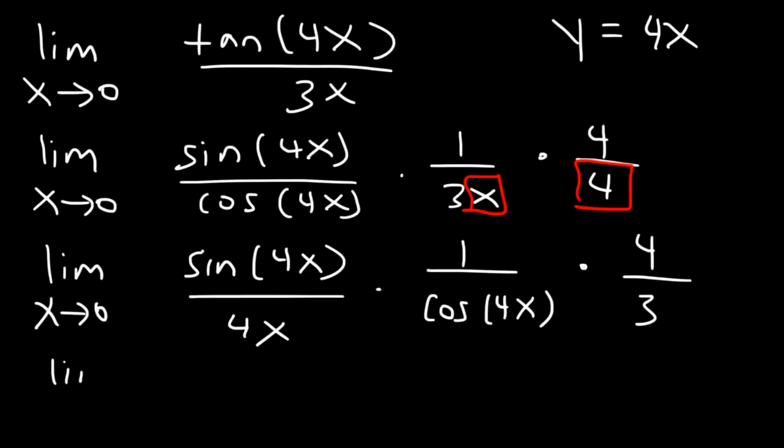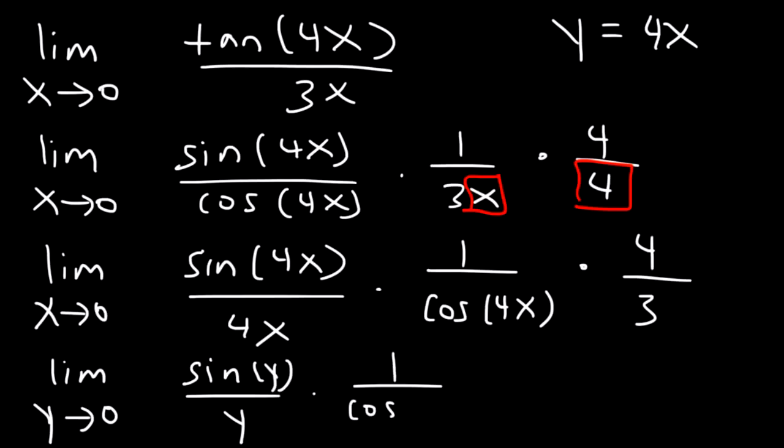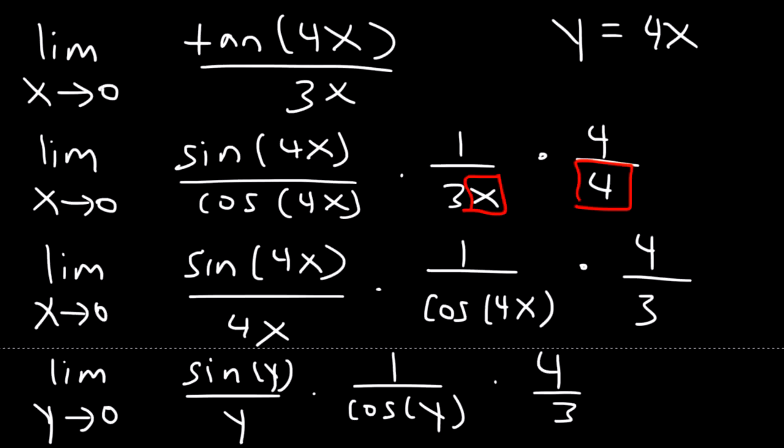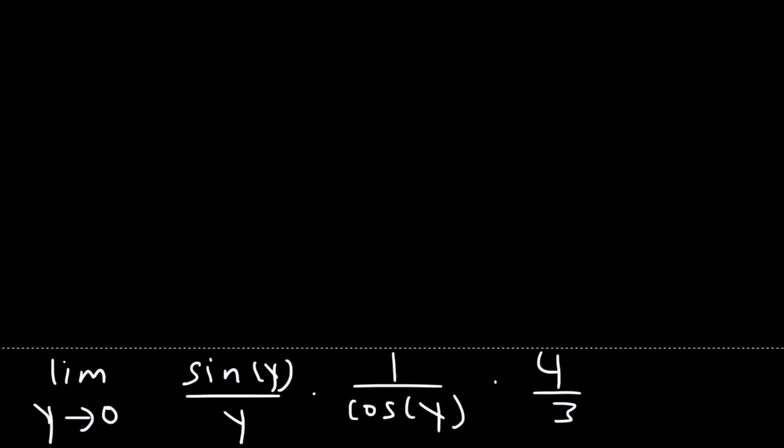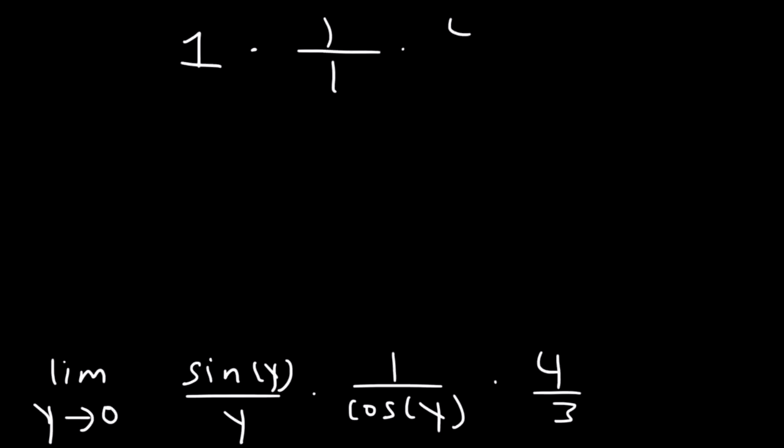So this becomes the limit as y approaches 0, sine y divided by y times 1 over cosine y times 4 over 3. Sine y over y will change into 1. Cosine 0 is 1, so the final answer is going to be 4 over 3.